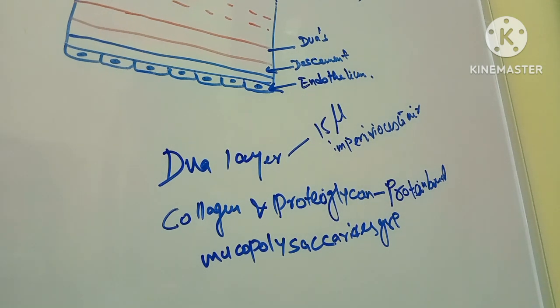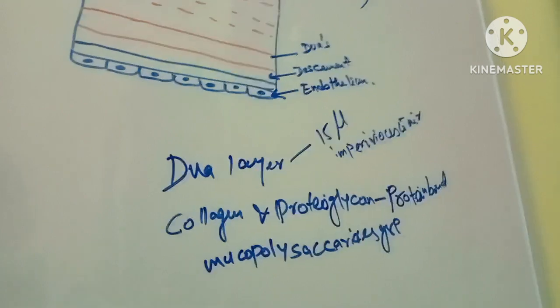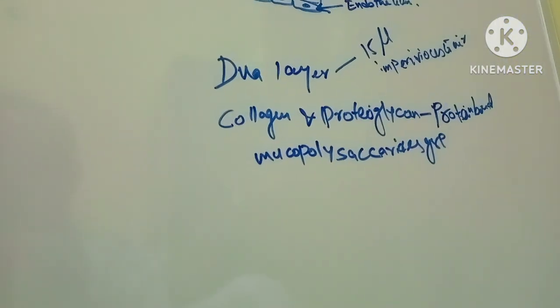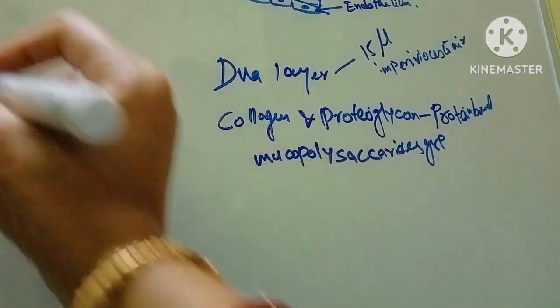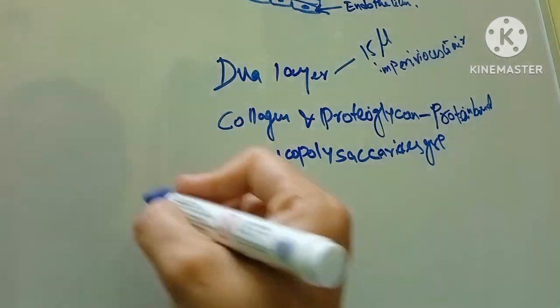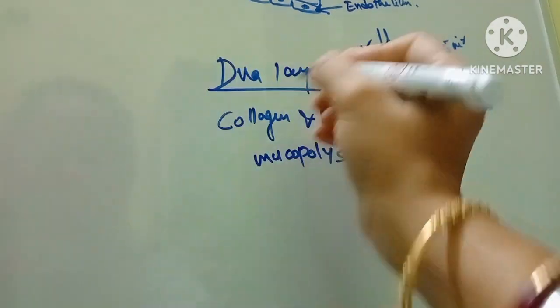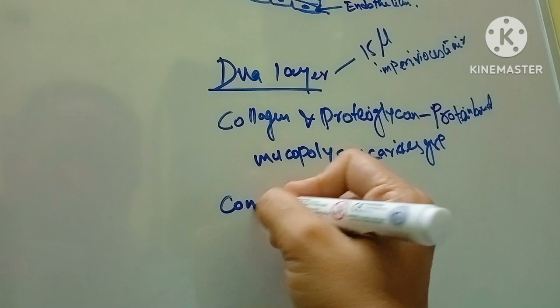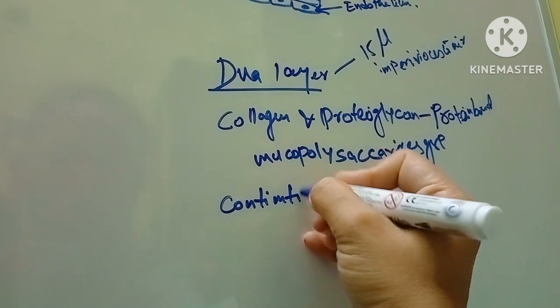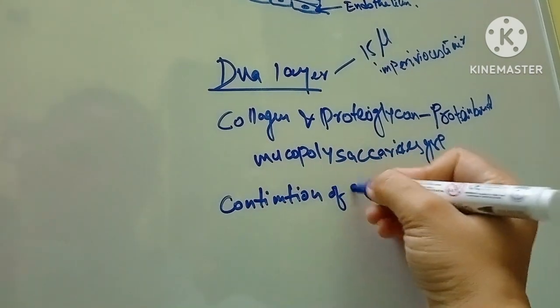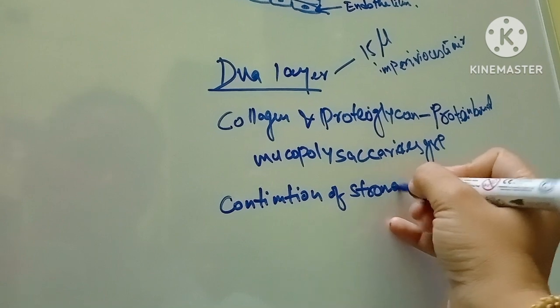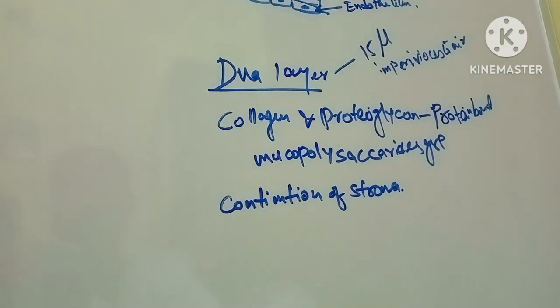Some authors say that Dua's layer is a continuation of the stroma, and in some books you will see that this is the sixth layer of the cornea.